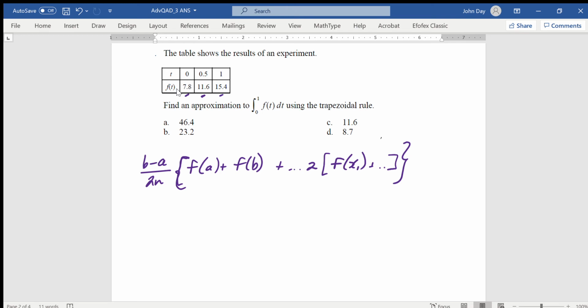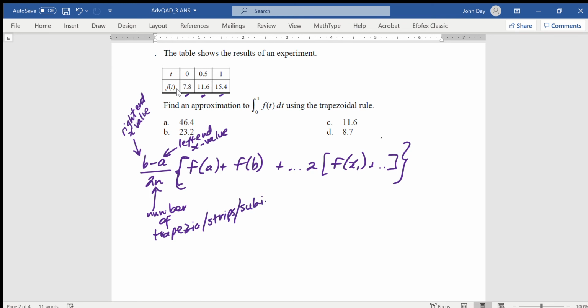We know that b is the right end x value, and a is the left end x value, and n is the number of trapezia, or the number of strips, or the number of sub-intervals, not the number of ordinates.